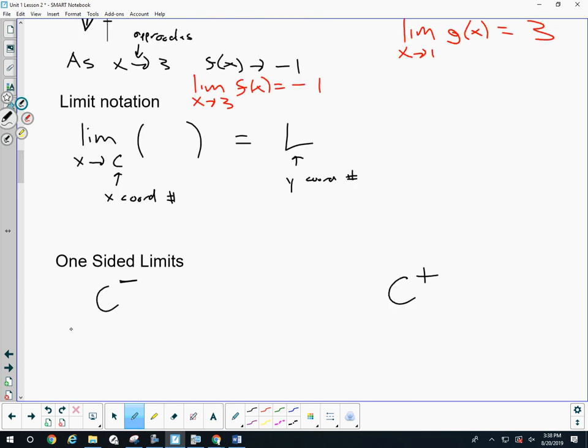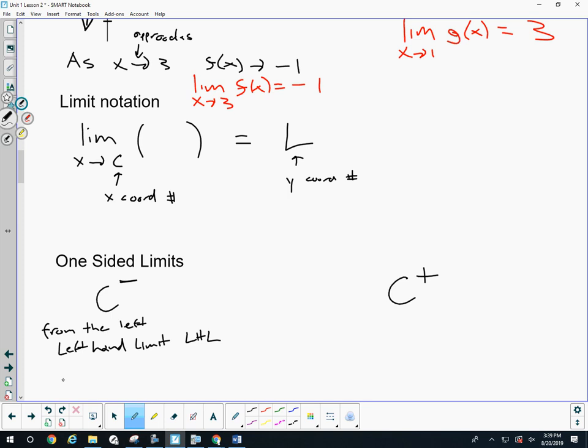This c with the minus sign stands for approaches c from the left. It's called the left-hand limit, LHL for short.